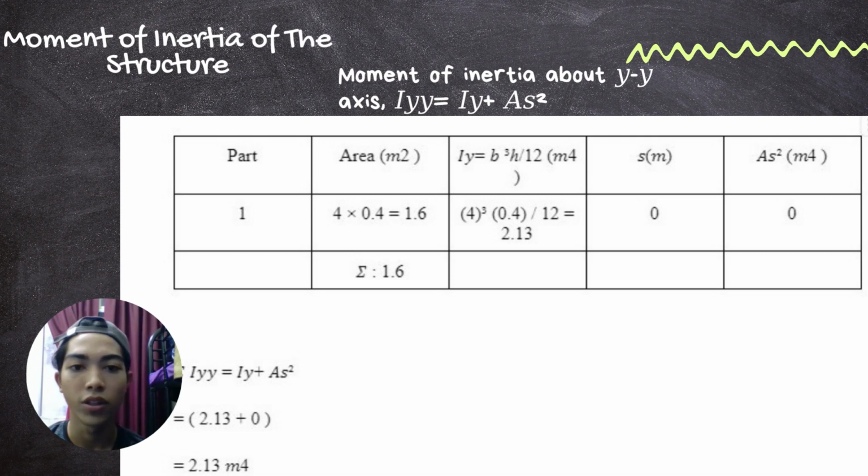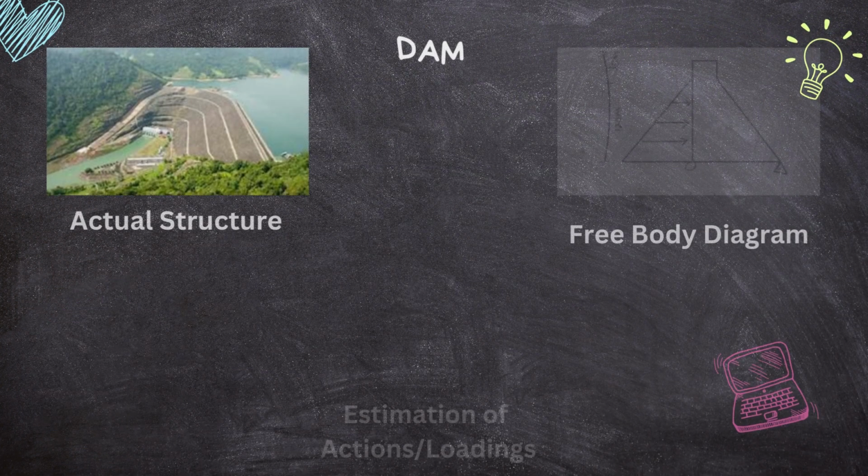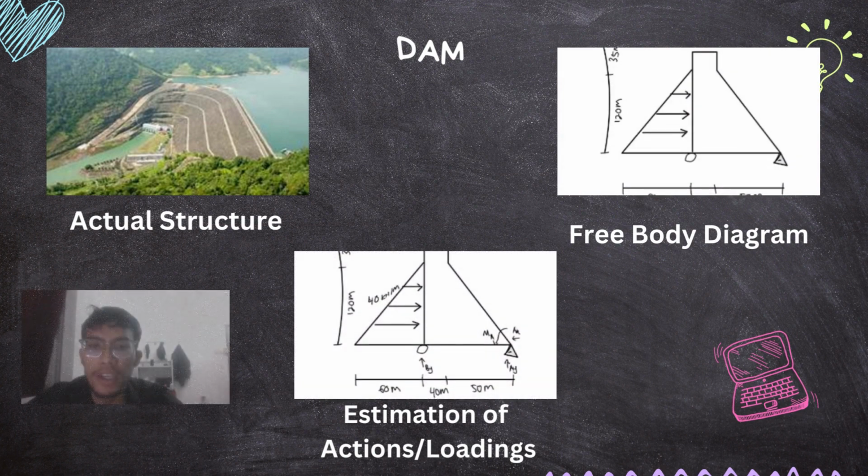For Iy equals b cubed h over 12, that we get 4 cubed multiply 0.4 over 12 equals 2.13, and then Ad squared equals 0. So the summation of the area is 1.6.